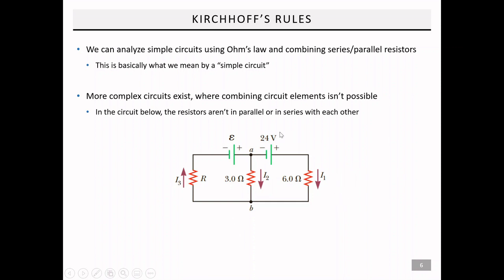For example, in this circuit shown at the bottom, if you were to look at, say, resistors with 6 and 3 ohms, you might think that they're in series with each other, but there's this junction B, and that junction's connected to this third resistor that prevents them from being in series with each other. Also, you may think that they look like they're in parallel with each other because the ends are connected, but on the top side here, there's a battery that's between those two ends. So again, they're not in parallel with each other, and we really can't reduce them to anything simpler.